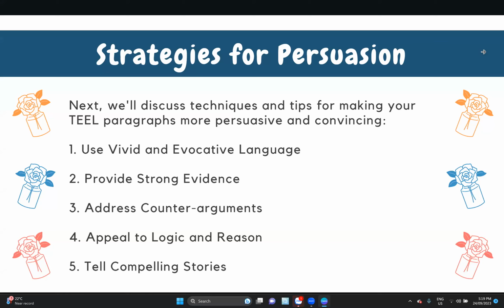So you really hone in on which particular issue you're talking about. Then your evidence supports your explanation and your topic. It proves the point you're trying to make. And then the linking sentence just reminds everybody of how you have achieved that goal of proving that point.